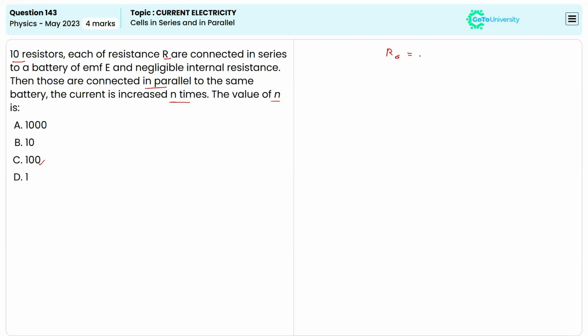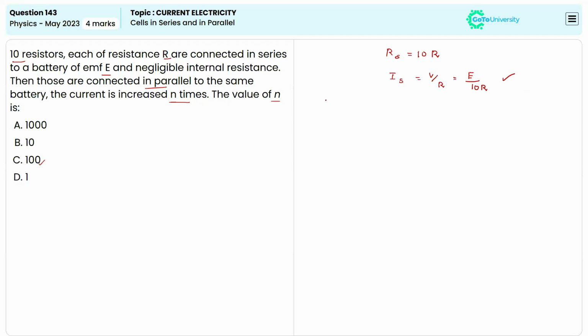So we can write 10 times R. Now we can calculate the current in a series connection, which is V divided by R. The voltage from the battery is E, as given. So E divided by 10R. This is the value of current when it was connected in series, right?